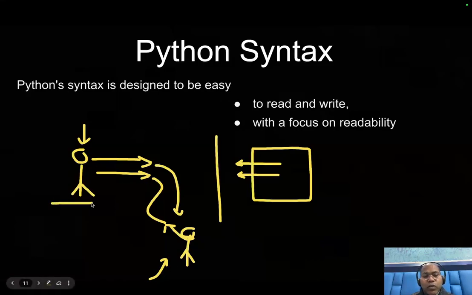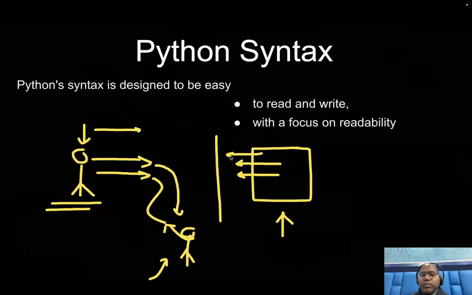But here, this is the human being and this is the machine. Naturally, both are different, so surely both cannot talk to each other. Somehow we need to establish communication between the human being and the computer. We have to make what the programmer wants to say understandable to the computer.